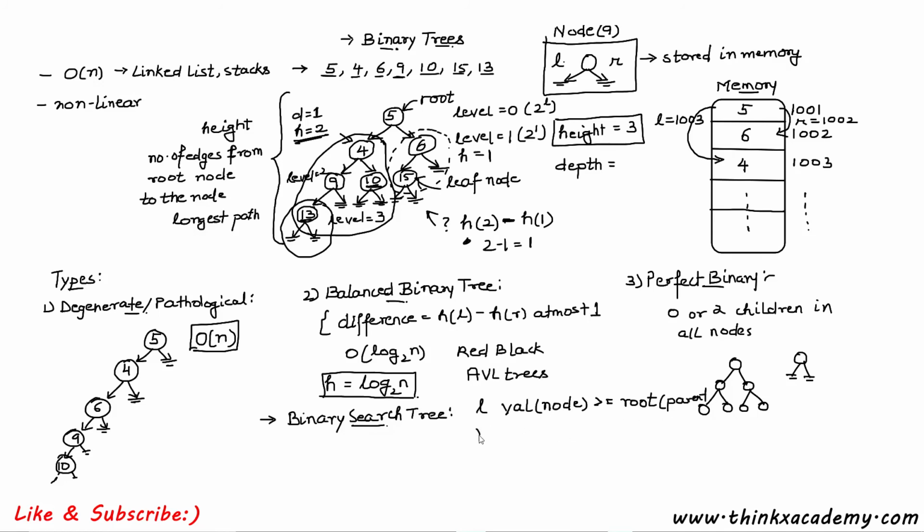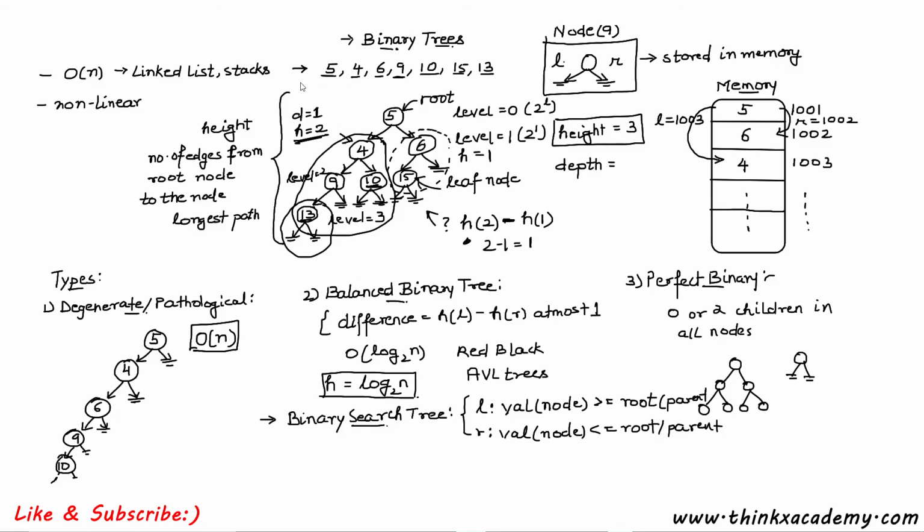And for the right part, the value of the node will be less than or equal to the root or the parent node. We can even do the opposite of this to obtain a binary search tree. A binary search tree with these restrictions makes the search operation optimized. Let's see how.